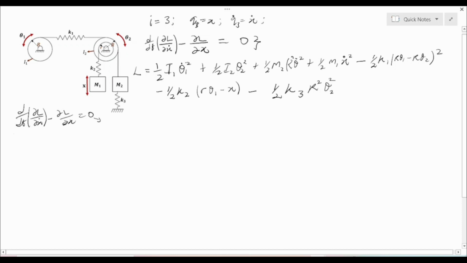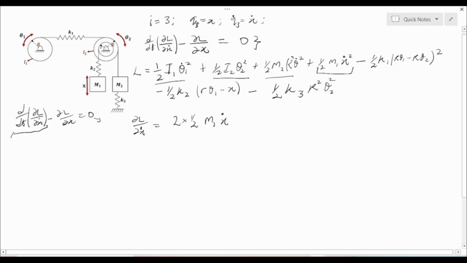So if we work out the first term from here, we're going to get dL dx dot, that means we want to differentiate the Lagrange formulation with respect to x dot. What are the terms having x dot? This one does not have x dot, this one doesn't, this one doesn't. Yes, this term has x dot. So we need to work out the derivative of this term with respect to x dot, noting that there's no other term having x dot in the equation. When you differentiate that term with respect to x dot, you are going to get 2 times half m1 x dot.